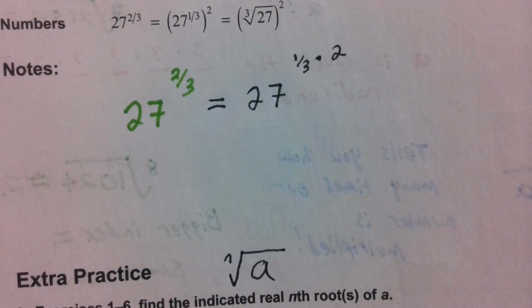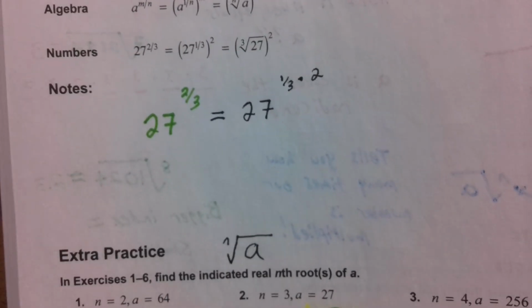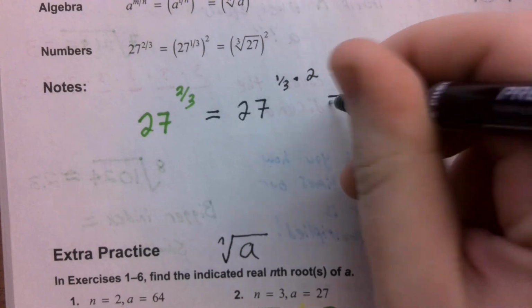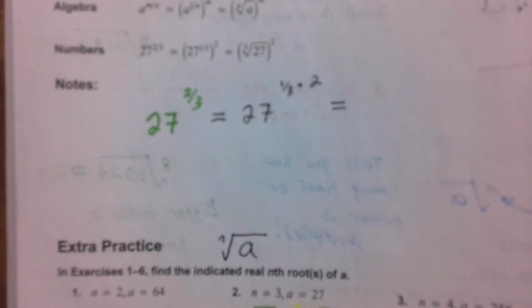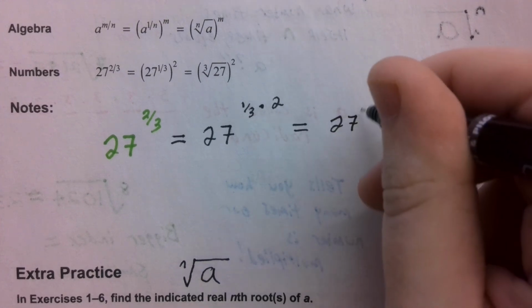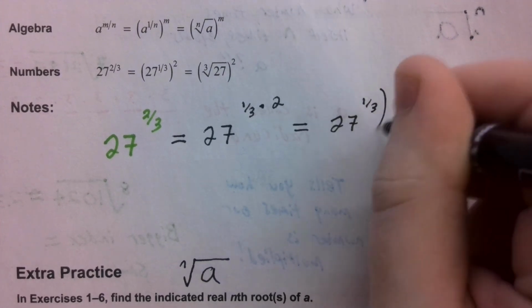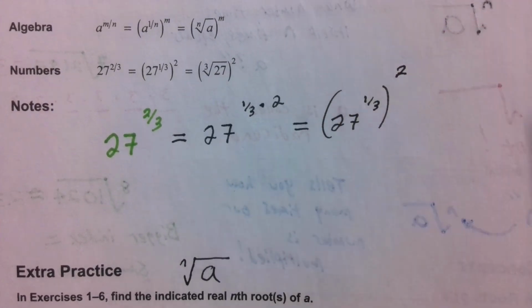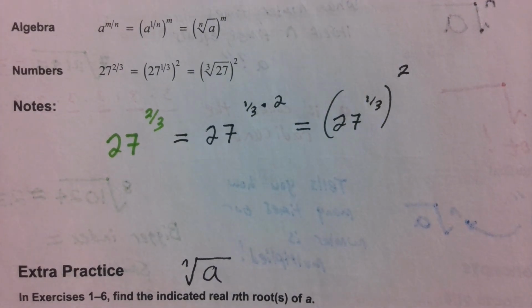Hang on a second. We know that exponents being multiplied together, that's the same as our power of a power property. That'd be the same as if we wrote it like this: 27 to the 1/3 power squared.